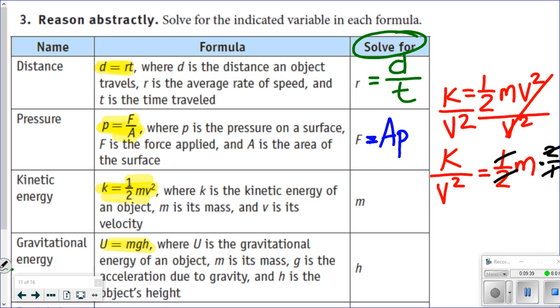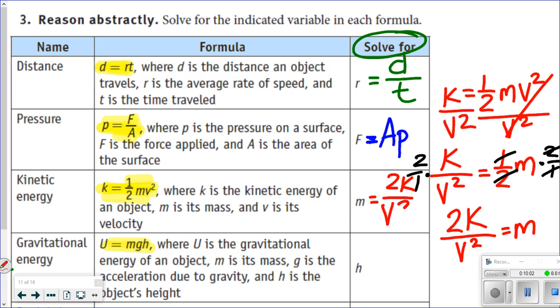Over here, we're going to multiply by the same thing, 2 over 1. So 2 times k is 2k. 1 times v squared is just v squared. And now we have m all by itself. So m equals 2k over v squared.